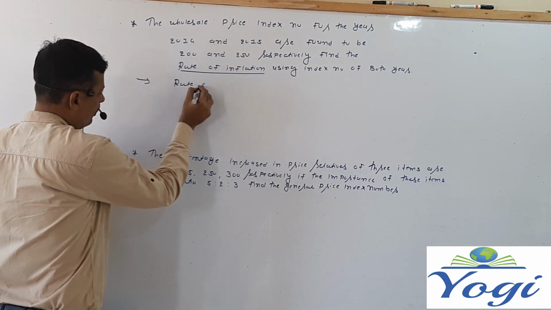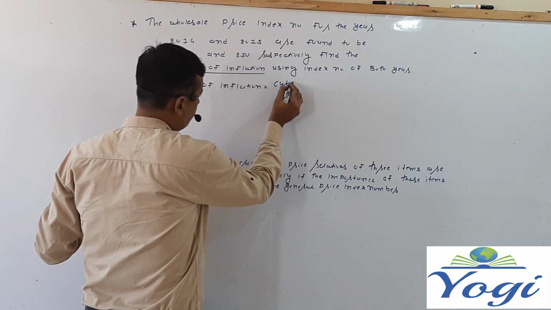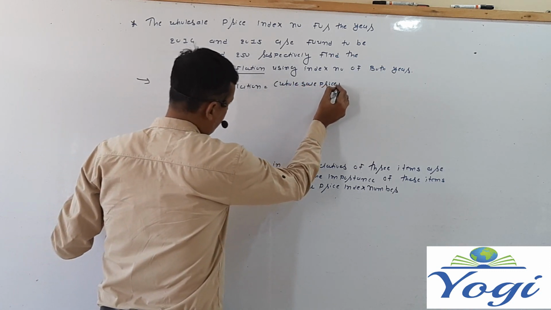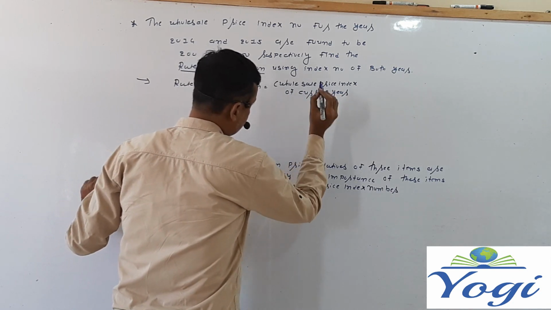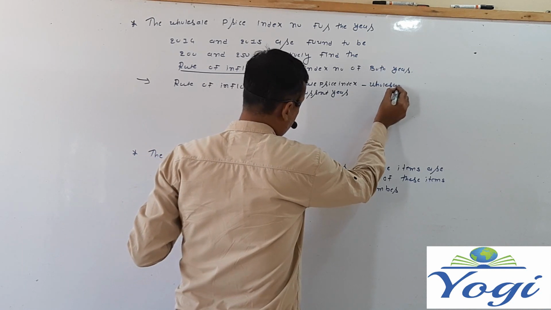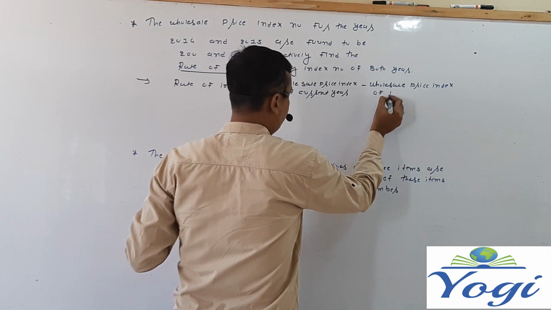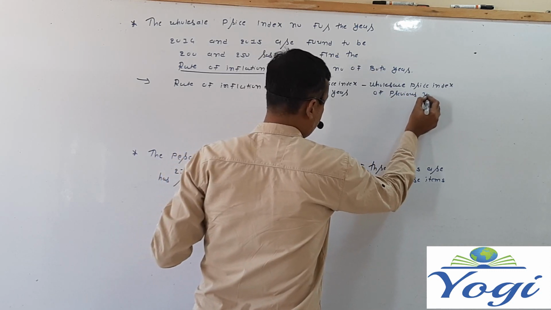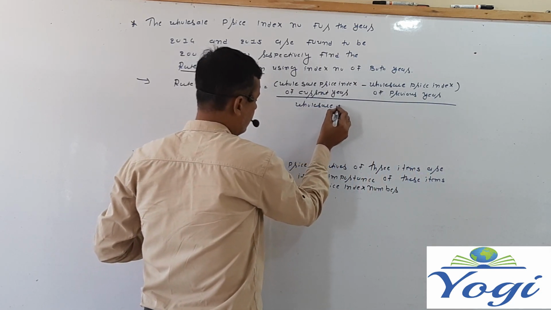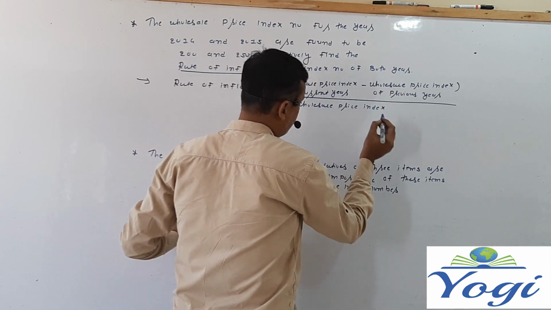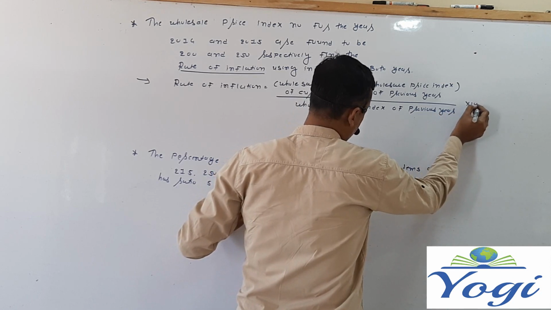So the rate of inflation is equal to the wholesale price index of the current year minus the wholesale price index of the previous year, upon the wholesale price index of the previous year, into 100.